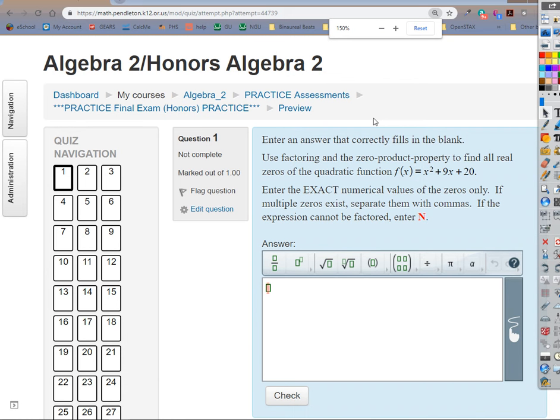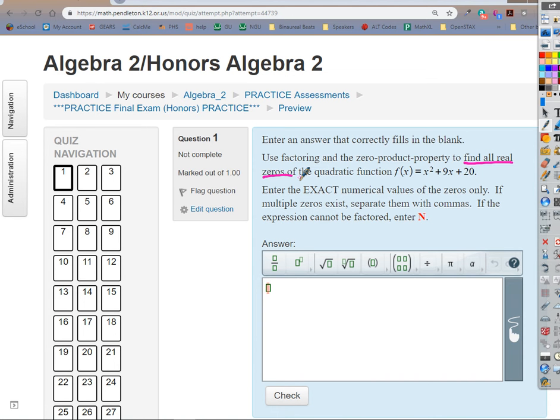Now you've got to read these very carefully because the questions are asking for precise things. They're not hard, but you might accidentally think you're finding zeros and it's not asking for that. In this case, it says use factoring and the zero product property to find all real zeros. You don't have to follow those instructions. All you have to do is find the zeros the easiest way possible.